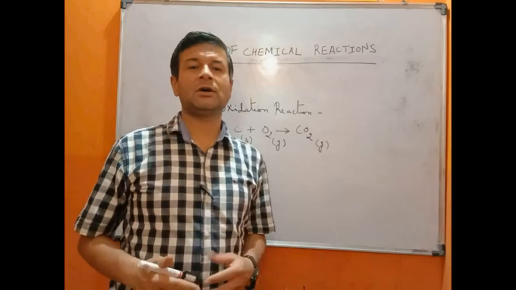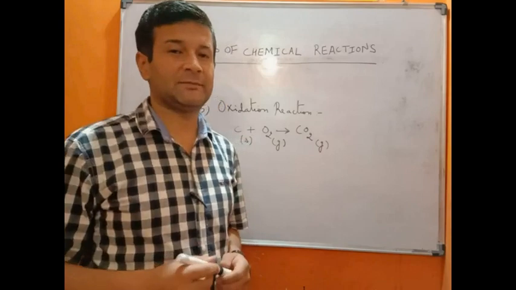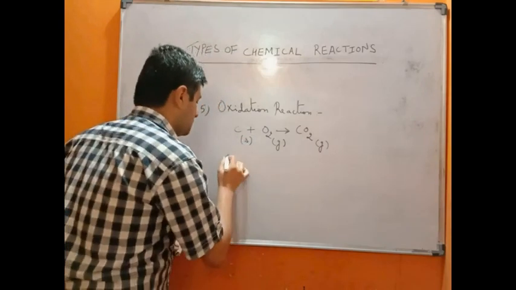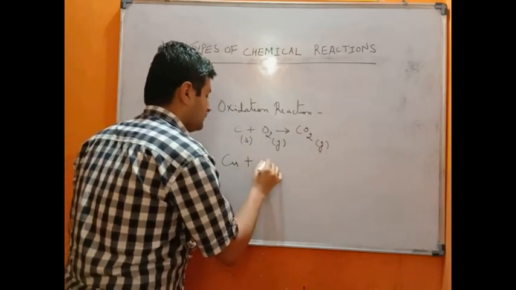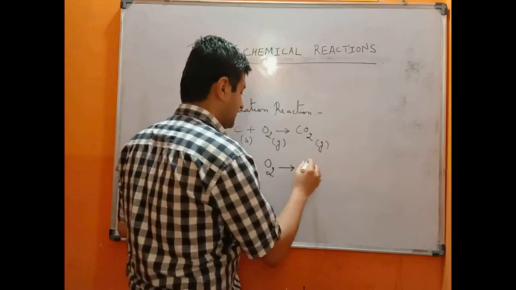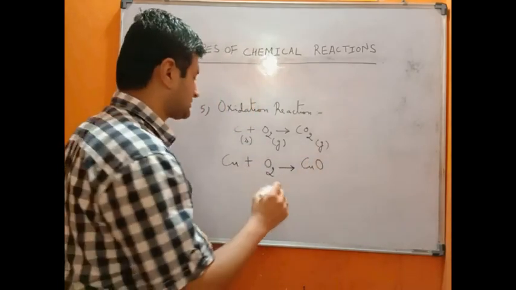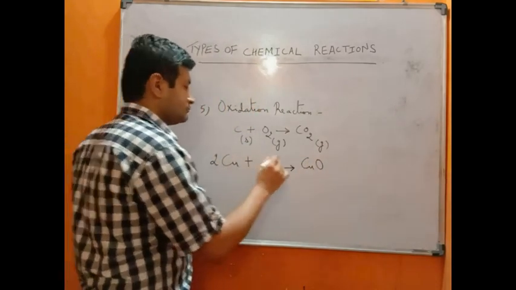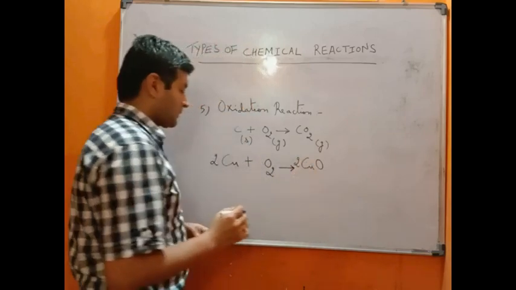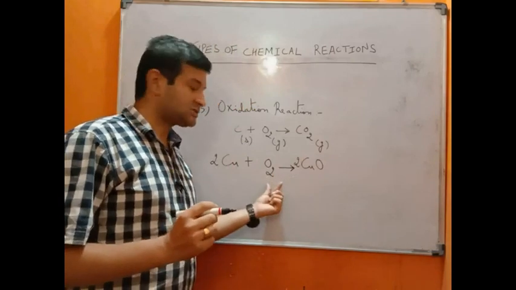Next example, copper getting oxidized to form copper oxide. When you heat copper in presence of oxygen, it gets oxidized to form copper oxide. Here you see copper gains oxygen.